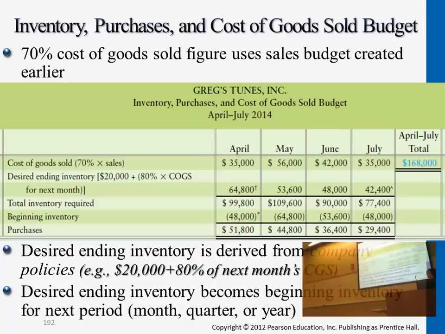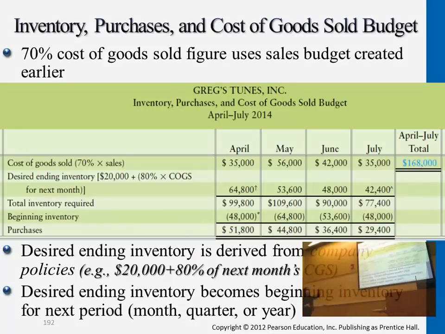The first line starts with cost of goods sold. Now remember that since sales transactions affect sales revenue, cost of goods sold is affected, and usually a business will set a percentage. Different businesses may set it differently. This example sets it as 70% of sales will be estimated as the level of cost of goods sold.